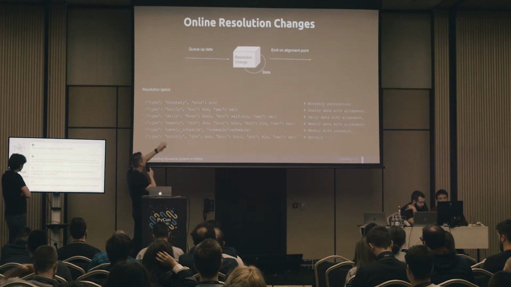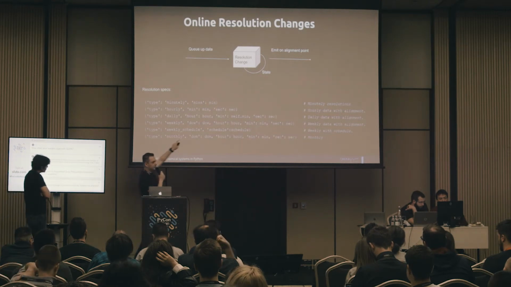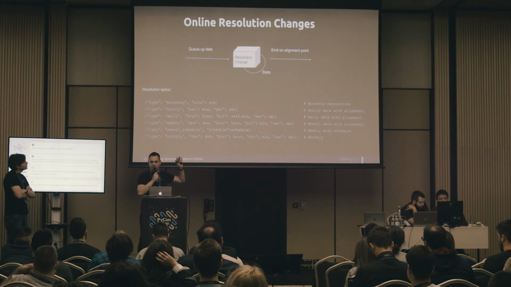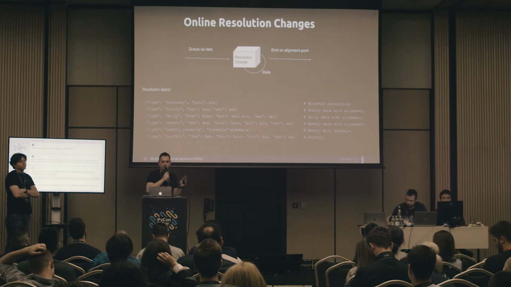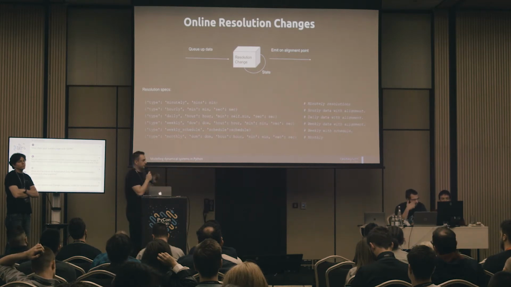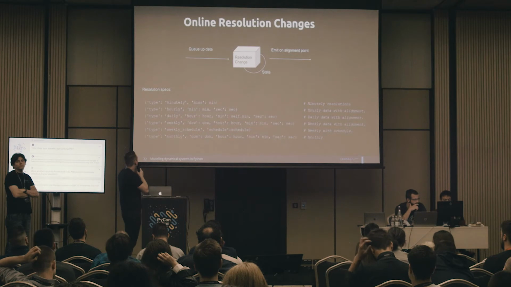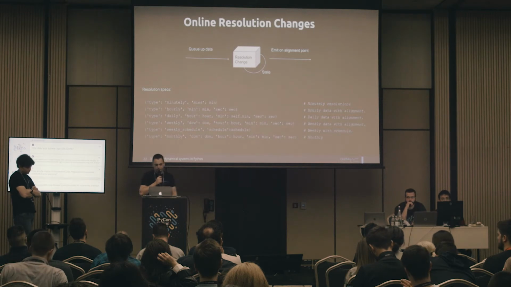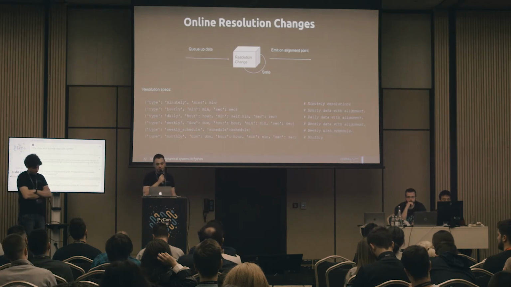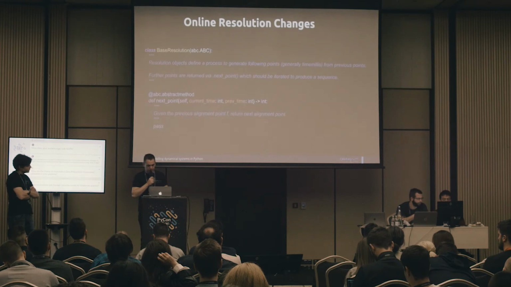This is online in the sense that it is queued, but it is queued because of the resolution, not because we cannot process it. You have to queue the data if you do not have the entire week or something like that. If you have just one day and so on, you need it. So the resolution specs here show you just dictionaries. Basically, you define this, and the system will accept this and will be able to do the resolution online.